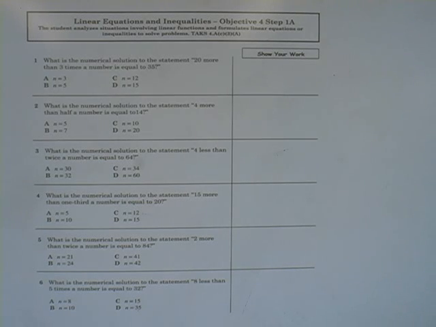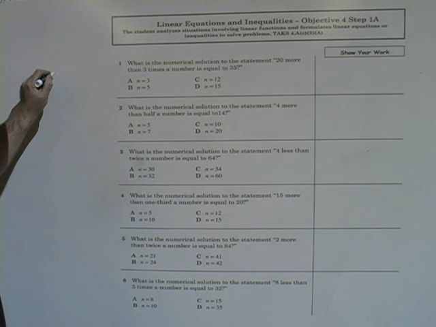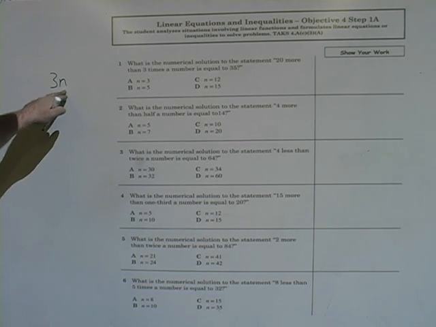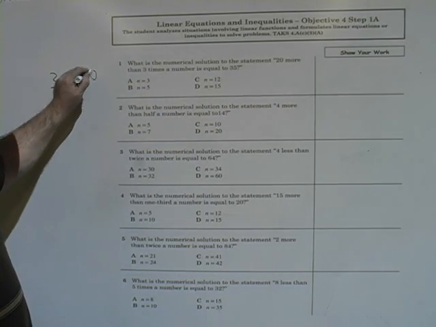What is the numerical solution to the statement 20 more than 3 times a number is equal to 35? Okay, right here, 20 more than 3 times a number is equal to 35. We can write that: three times a number, it's 3 times n, and we want 20 more than that.